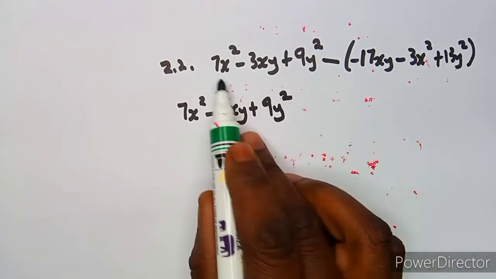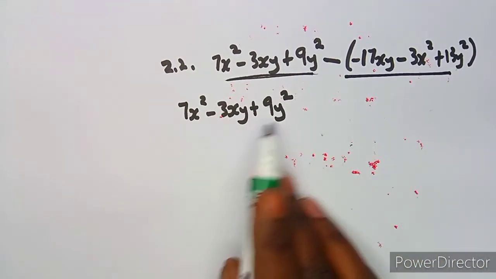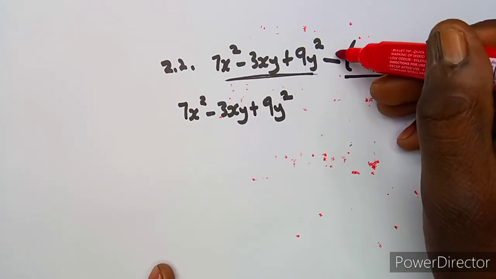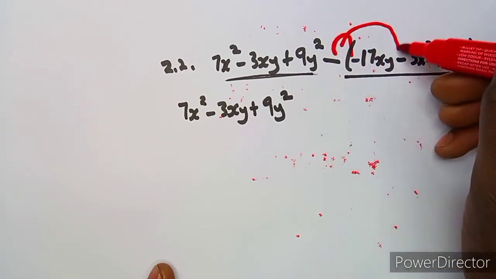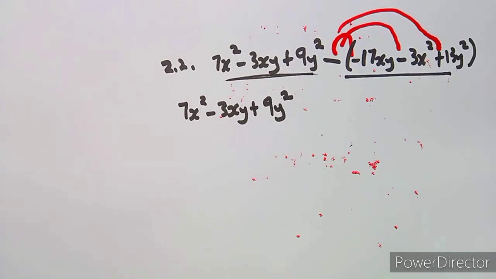So the first part here has nothing to do with this bracket, so that is why you just rewrite it as it is. But this bracket is going to be affected by the minus. So this minus is going to affect every sign inside the bracket.